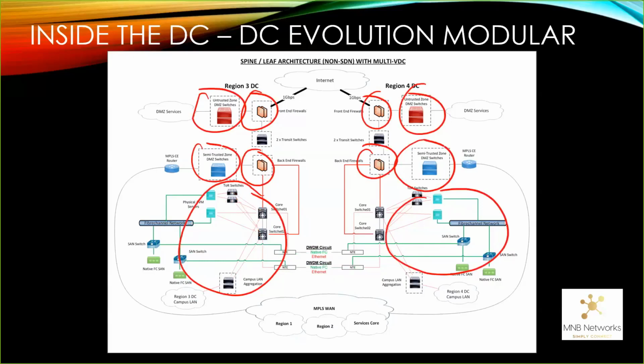But to be honest, I don't normally see the WAN segmented from the data center. There's normally a WAN aggregation switch in the data center as well.